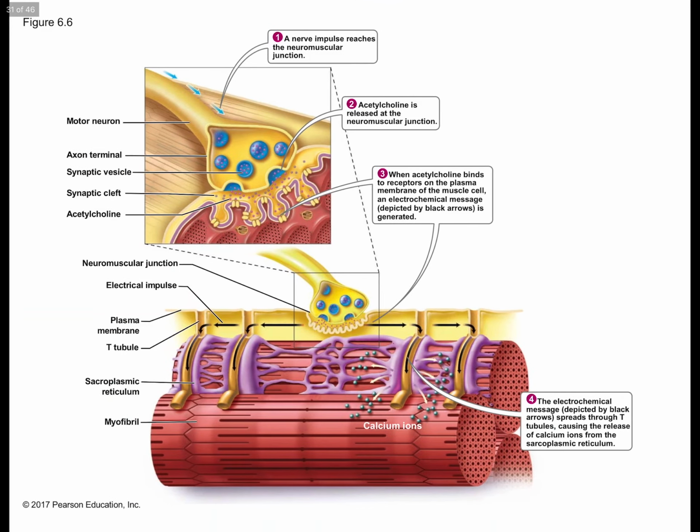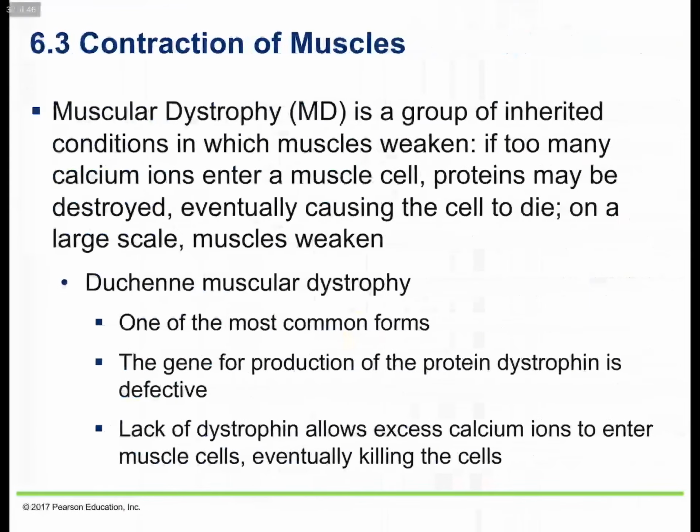And once that calcium is bound to the troponin-tropomyosin complex on the actin, the myosin heads can attach. Remember, the calcium allows that troponin-tropomyosin complex to move off the actin, so it allows the myosin heads to attach. Remember, the myosin heads do require ATP in order to attach.